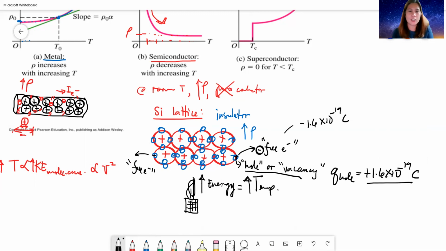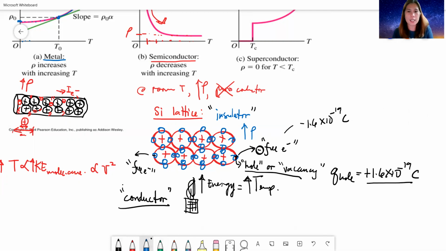So ang nangyari dito in the semiconductor, the more energy, the higher the temperature, the more free electrons, then it means that essentially, yung dati insulator has now become a conductor. Why? Kasi meron na ngang free electrons.